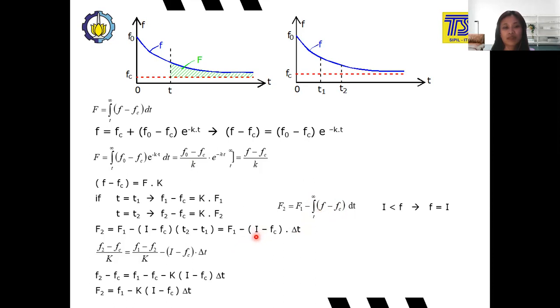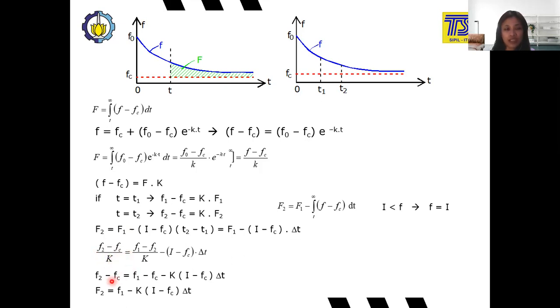Here we get F1 minus the integral of i minus fc times dt. And then we get this equation for f2 minus fc. This is from the previous one, where we have f minus fc per k. Because this one is f1, we change it here to f1, and this one is f2, so we change it here to f2.